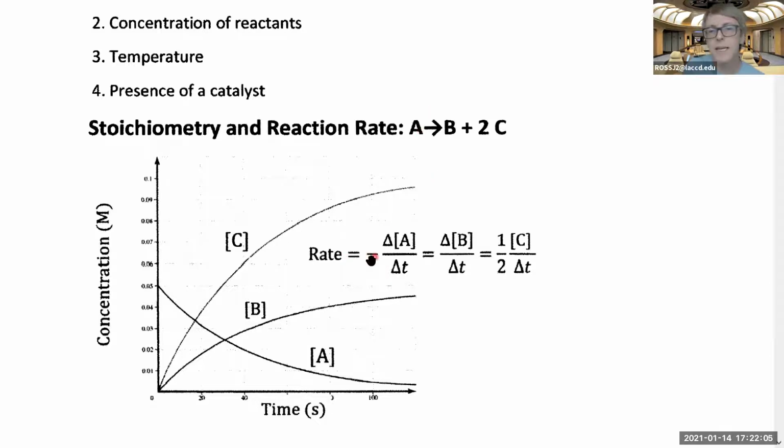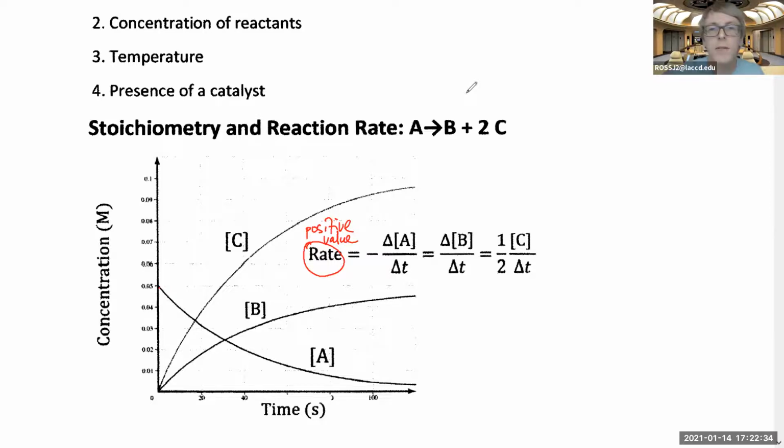The reactant has a negative symbol in front of it, and that's to give us a positive rate. So by convention, we want rates to be positive values. That's just a convention.